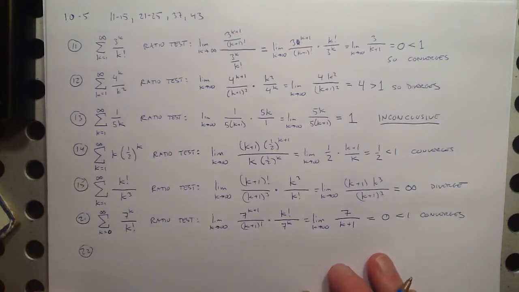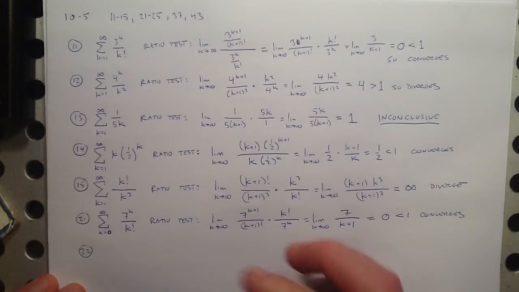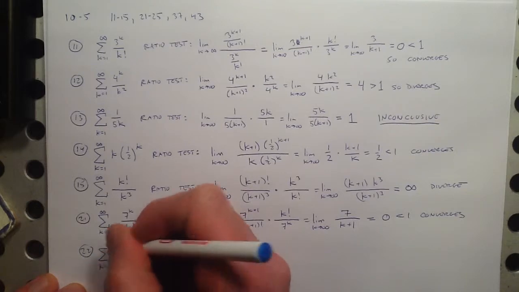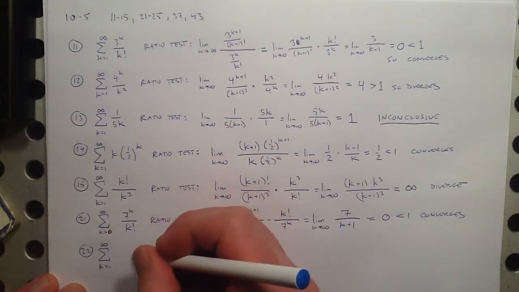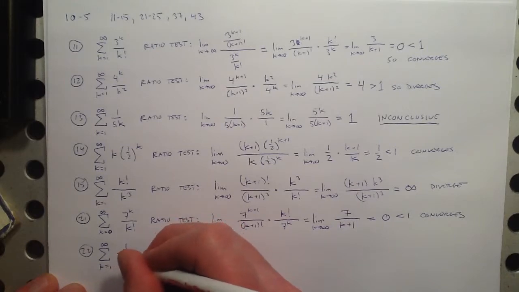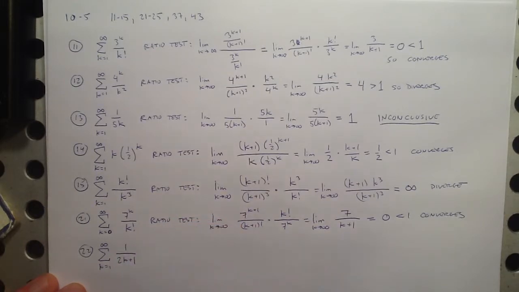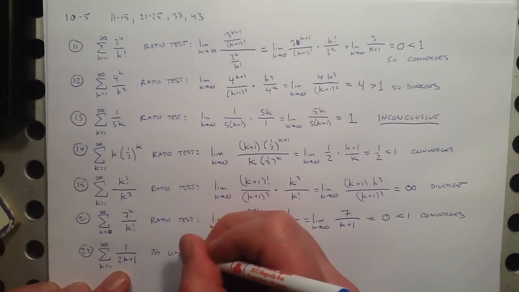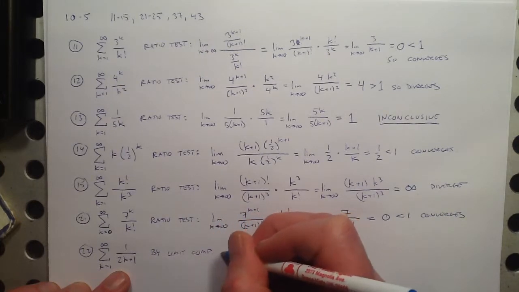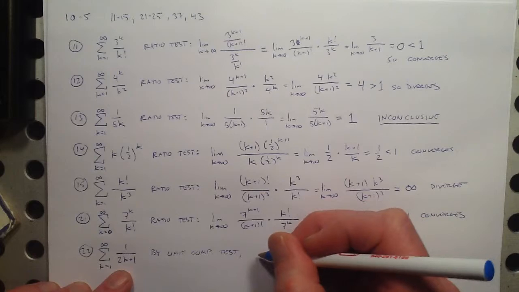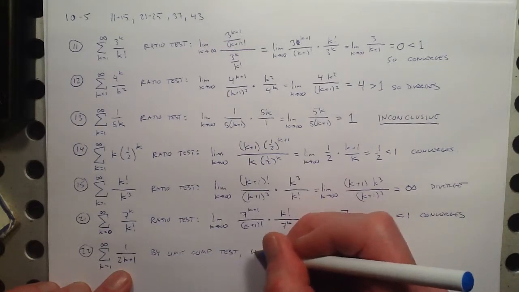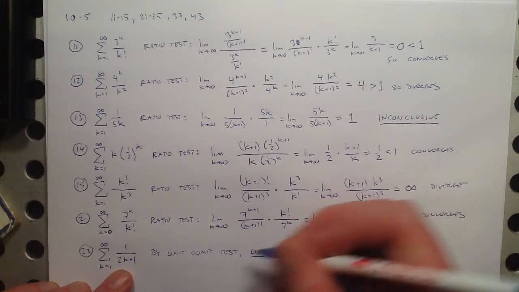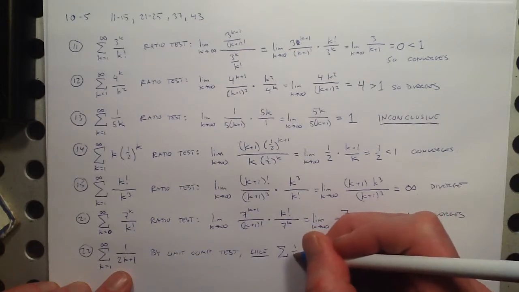22. We have k equals 1 to infinity, and maybe you could do the ratio test on this and see what happens. I think it would be inconclusive for this, but I'm going to say here, by the limit comparison test, this behaves like just highest power, 1 over k.